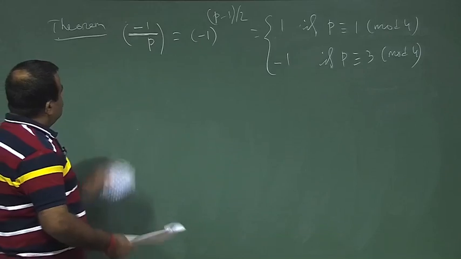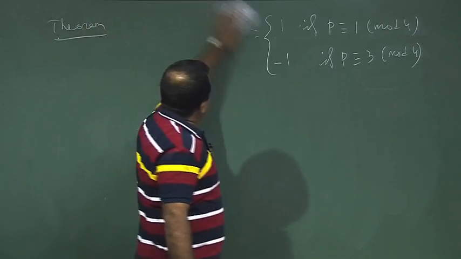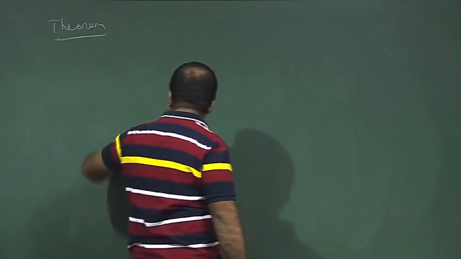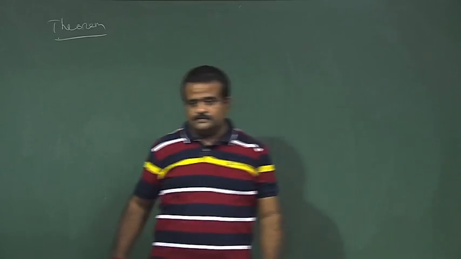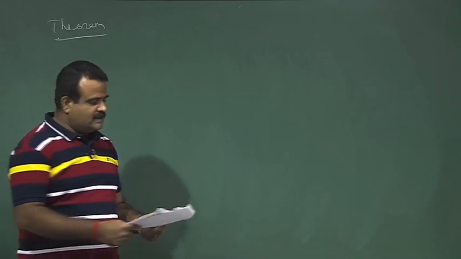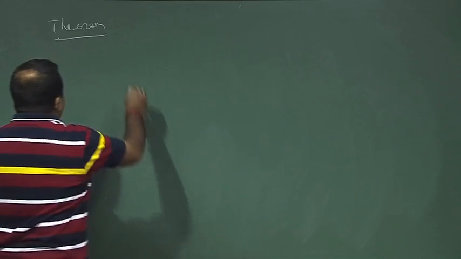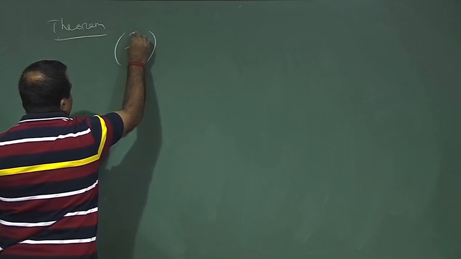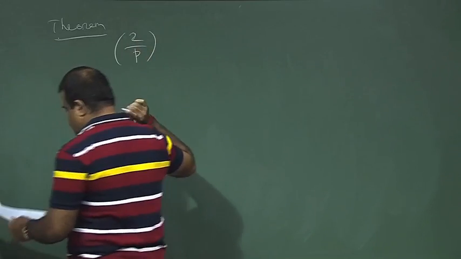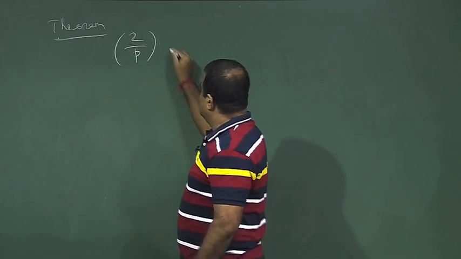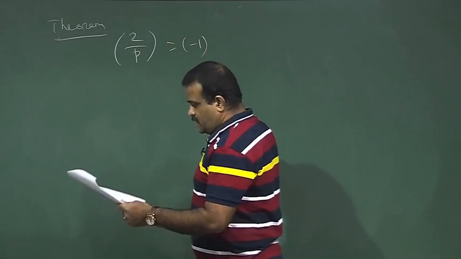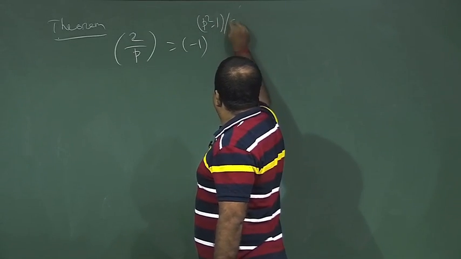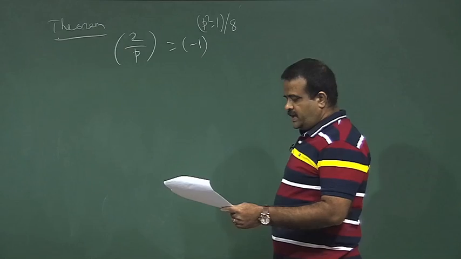Now, the next result, which we will be using for calculating Legendre symbols. The next result is telling us (2/p), where p is a prime, because these are all Legendre symbols. It is minus 1 to the power (p square minus 1)/8.